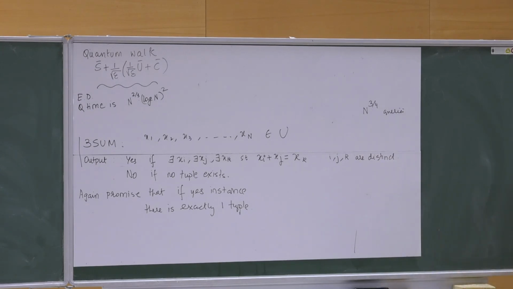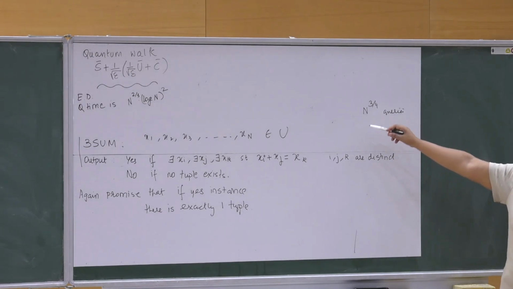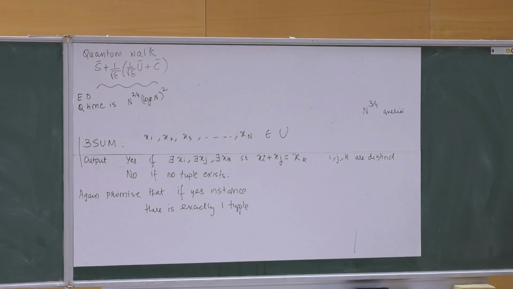And like I said, it is not only for element distinctness that you can do this. Look at this. I took another problem which has a different complexity than element distinctness, and we are still able to give a query upper bound for a different problem using the same kind of approach. But now what will change?